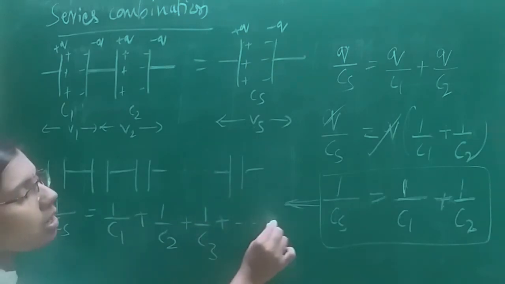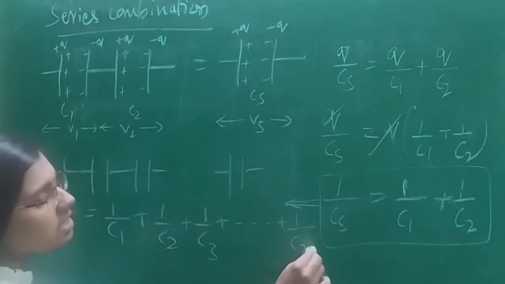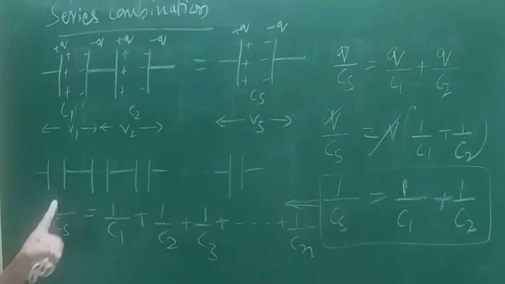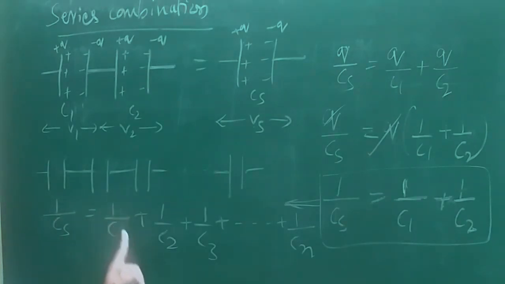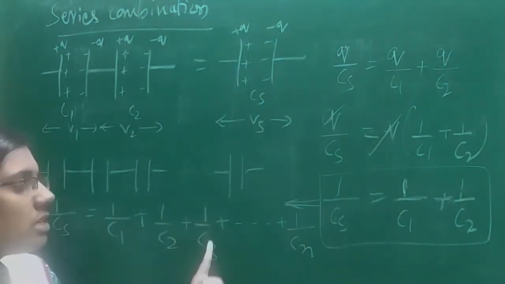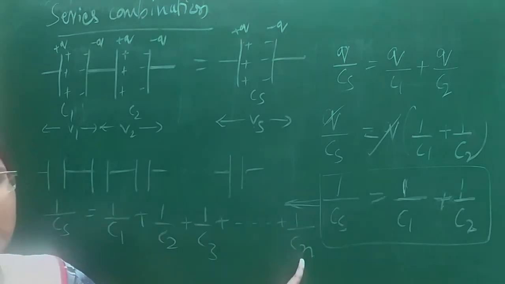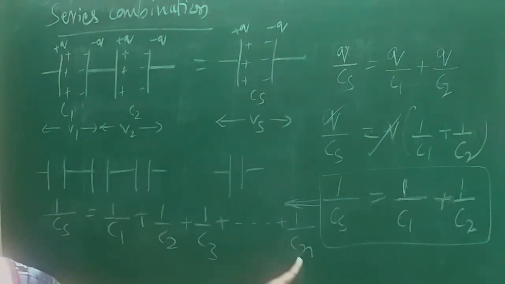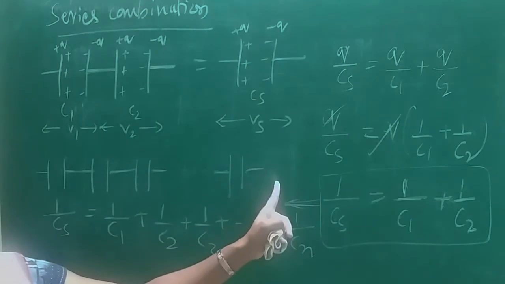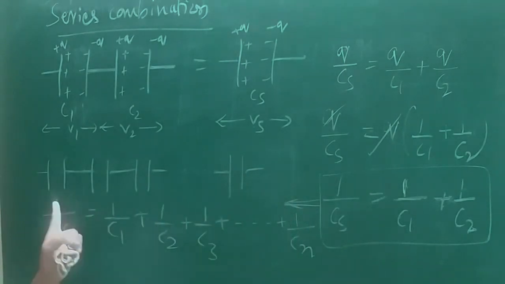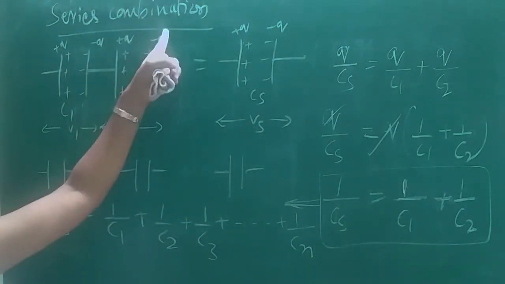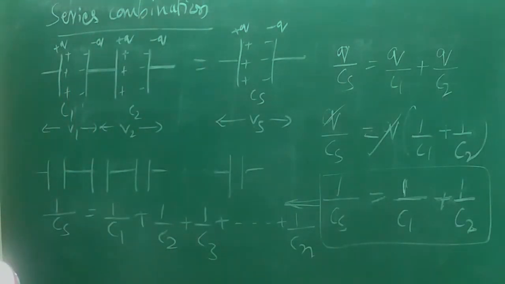This goes on up to the nth capacitor. That is 1 by Cs is equal to 1 by C1 plus 1 by C2 plus 1 by C3 plus up to 1 by Cn. We are adding the reciprocals of capacitance to get the reciprocal of equivalent capacitance when n number of capacitors are joined together end to end. That means in series combination.